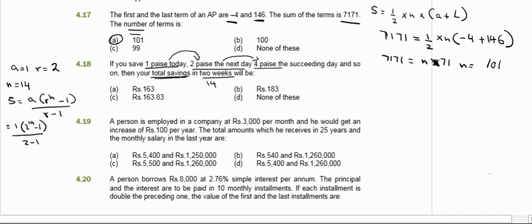So 2 power 14 is equal to 16384, minus 1 is 16383, and this amount is in paisas. There are 100 paisas in 1 rupee, so we divide this by 100, and this will be 163.83. The 4.18 answer will be C.